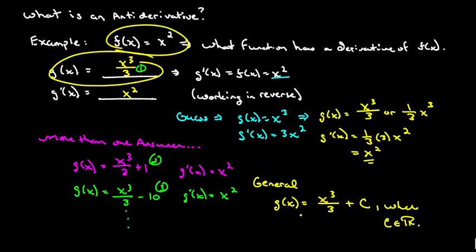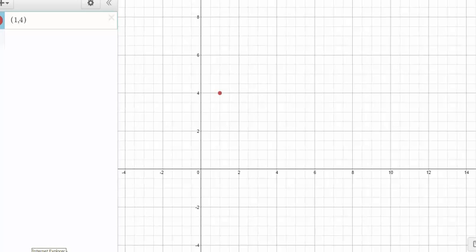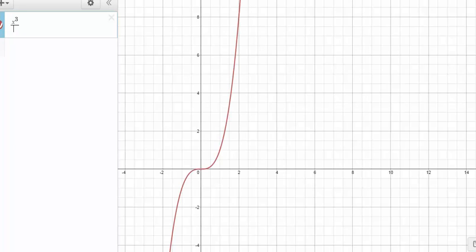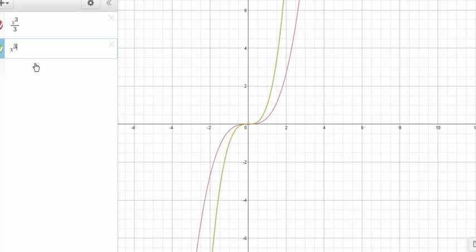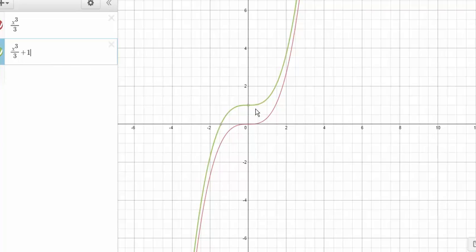Now let's think about why that is. Let's look at g of x. My original g of x was x to the third over 3, just like that. Now, if you plug in one of the other ones, x to the third over 3, let's say plus 1, all it has done is shifted the entire function up.